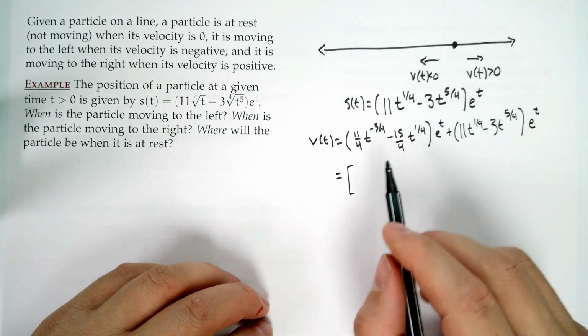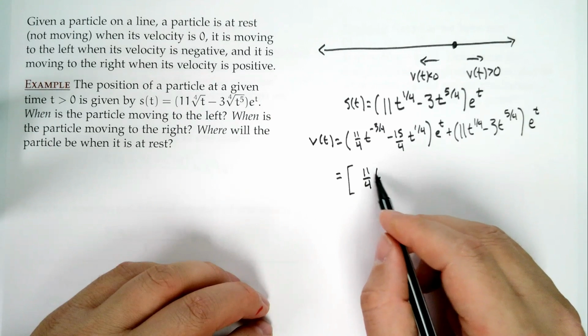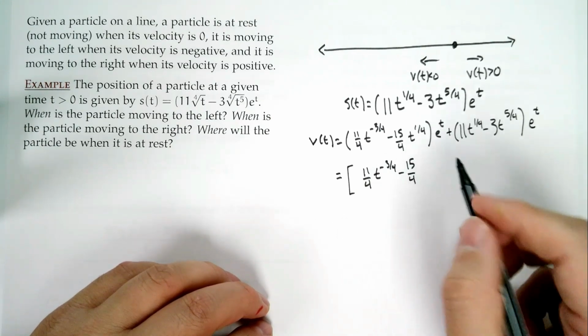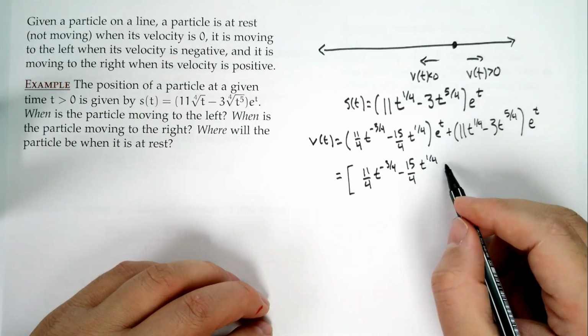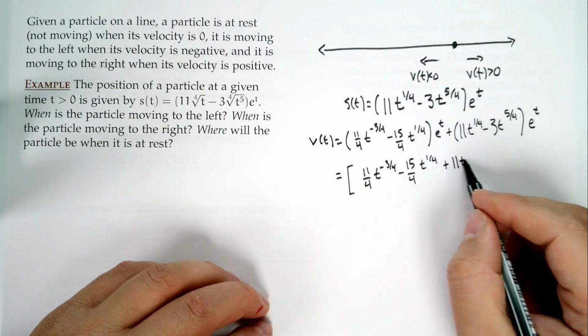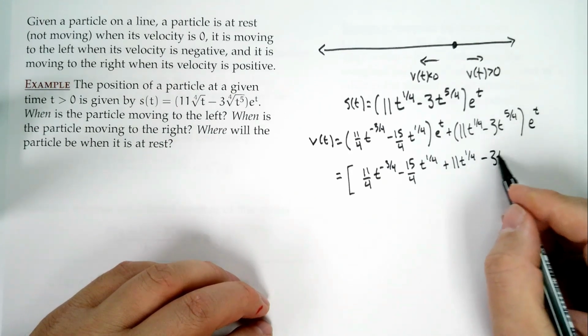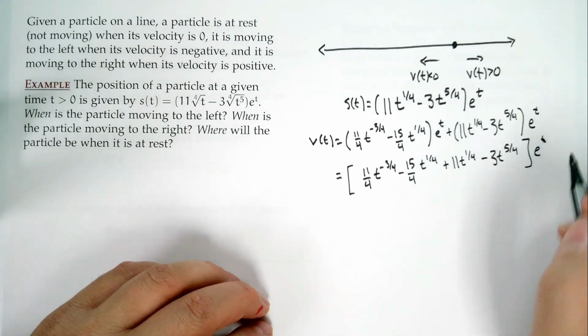So if we do that, let's see, what do we have? We have 11/4 t to the minus 3/4 minus 15/4 t to the 1/4. And then here, plus 11 t to the 1/4, and then minus 3 t to the 5/4, and all that times e to the t.